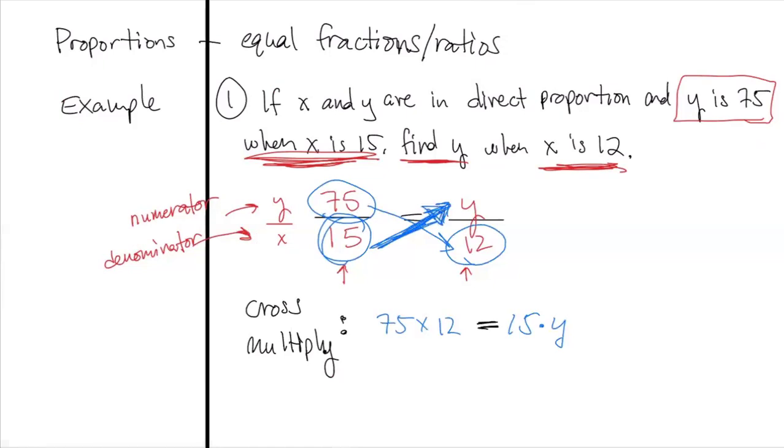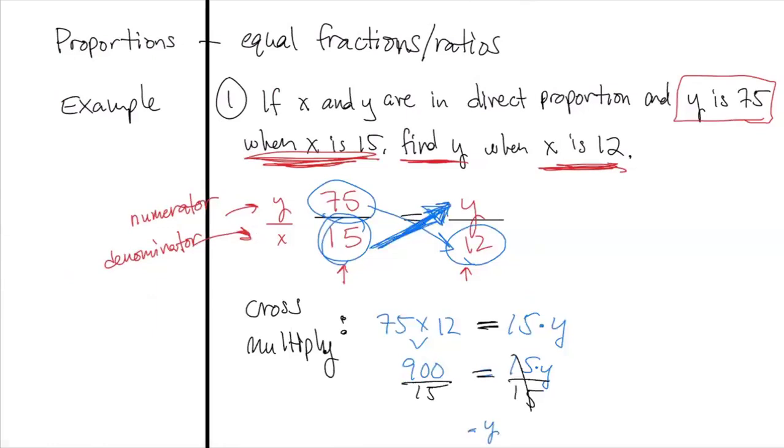Cross multiply. This is a nice easy equation now. Well, 75 times 12, that's 900. 15 times y is just 15y. And this is just a single step equation. I'm multiplying by 15, so to get rid of it, I'm going to divide by 15. Divide by 15. These cancel.